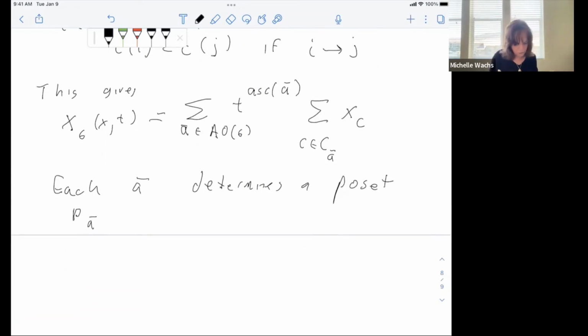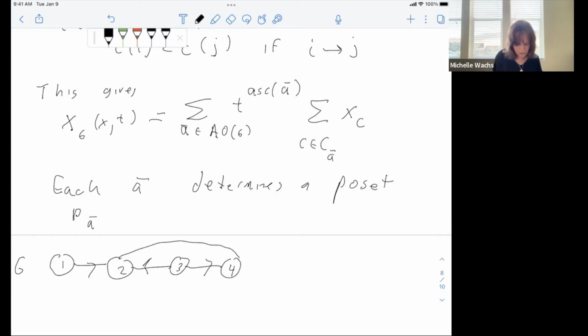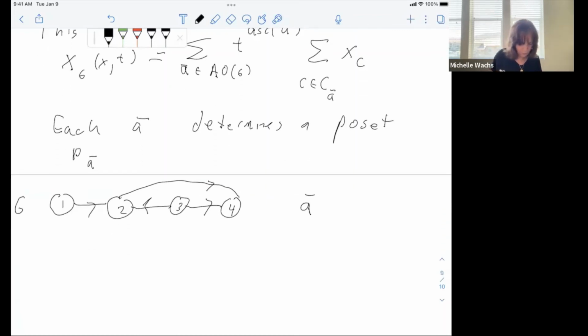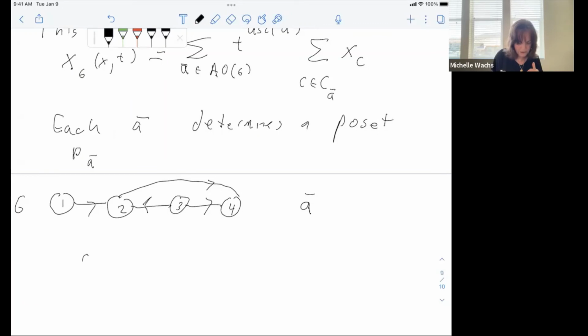Let me do an example. Let's say we have this graph, and we'll give it an orientation. This is our original graph. We give it an orientation like this, and there are no cycles here. This is the acyclic orientation, and the poset that corresponds to it will have edges directed downward.